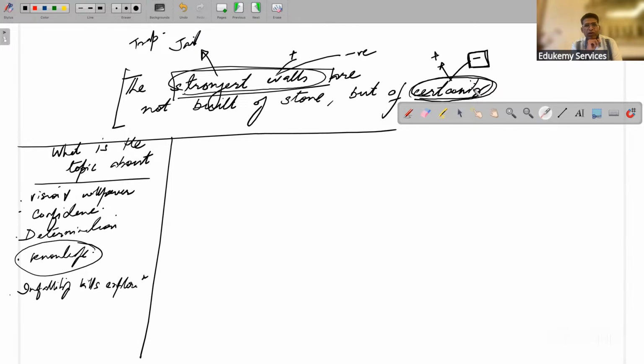The strongest walls. Certainty is always a negative concept. Remember this. Philosophical way में आप देखते हो, in a philosophical way, being certain is a negative concept.